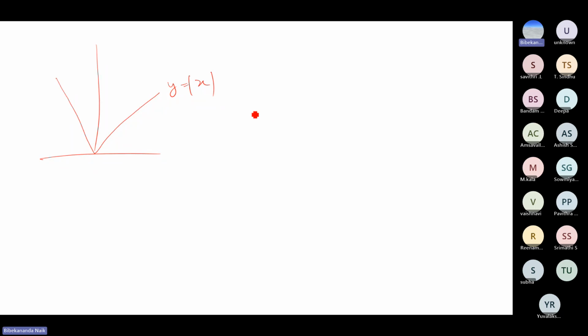So when you plot it, it will be like 0, 1, 2. So it will be shifted in this axis.